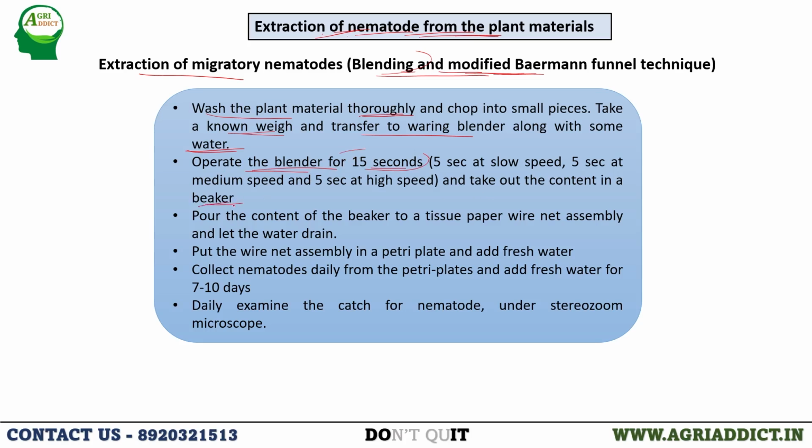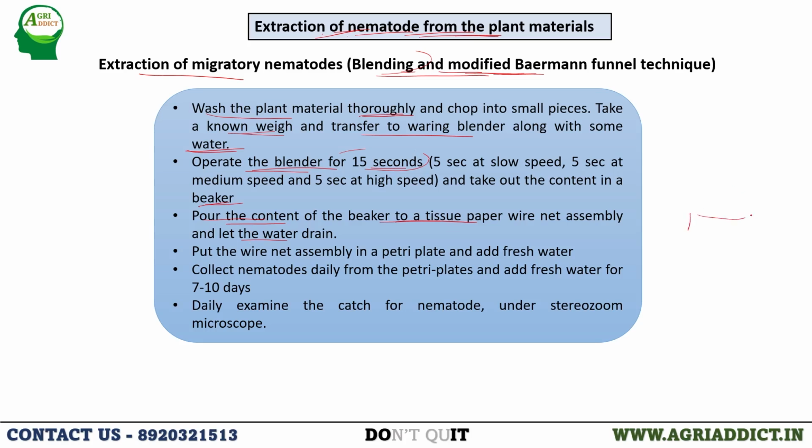The blended sample, or suspension, will be taken to the tissue paper and wire net assembly, and the water is allowed to drain out from that sample. As I explained in the Baermann funnel method, the same procedure follows now.